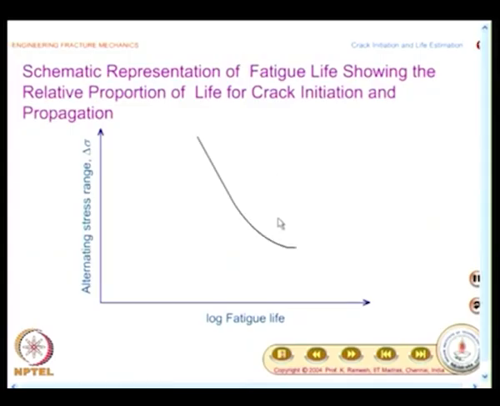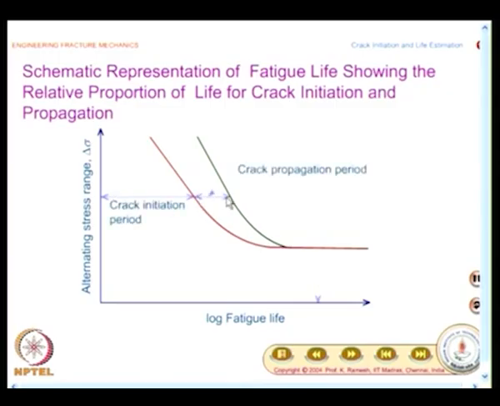It is also important what is the relative proportion of crack initiation versus crack growth. We had seen this slide long time back in the overview of fracture mechanics. Depending on which stress level that you operate, crack initiation and crack propagation could be 50-50, or crack initiation could be longer and crack propagation could be smaller.